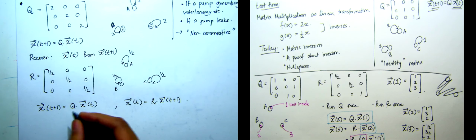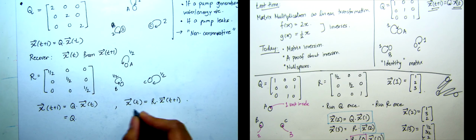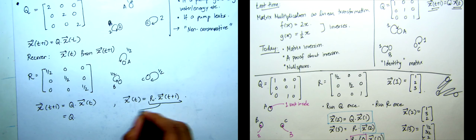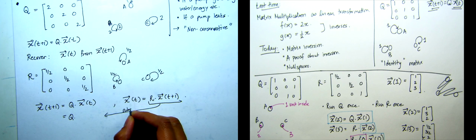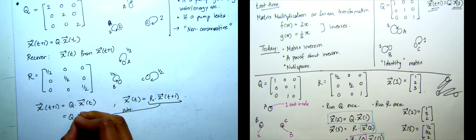So now, if this is true, I better have Q. I'm going to take this and substitute. And then I have basically R times x of t plus 1.